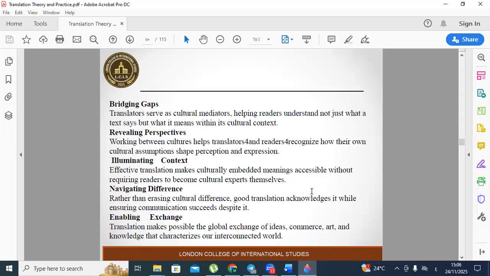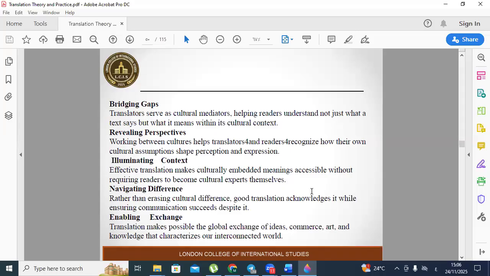Effective translation makes culturally embedded meanings accessible without requiring readers to become cultural experts themselves, navigating difference rather than erasing cultural difference. Good translation acknowledges it while ensuring communication succeeds despite it. Translation makes possible the global exchange of ideas, commerce, art, and knowledge that characterizes our interconnected world.